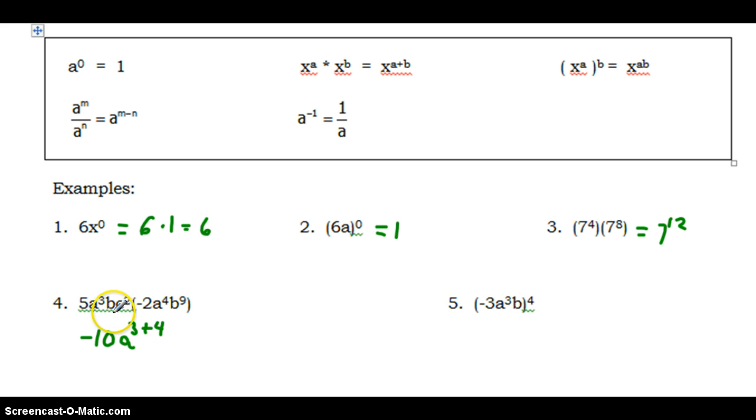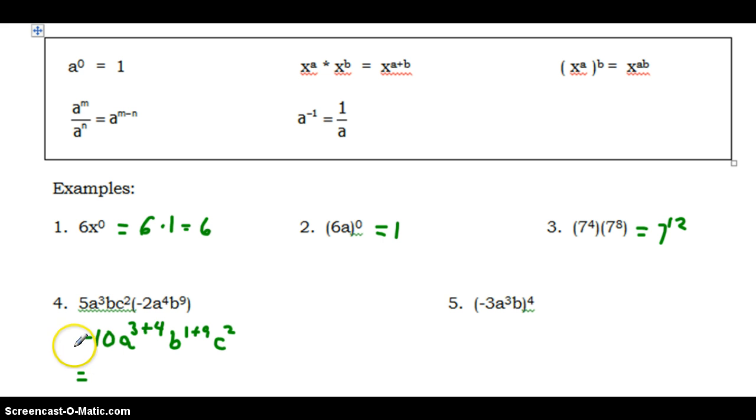Then we look at the b part of the term, and we have b to the 1 times b to the ninth. So that would be b to the 1 plus 9. And then here there is a c squared, but this item does not have one, so it will just be multiplied by 1 by itself there.